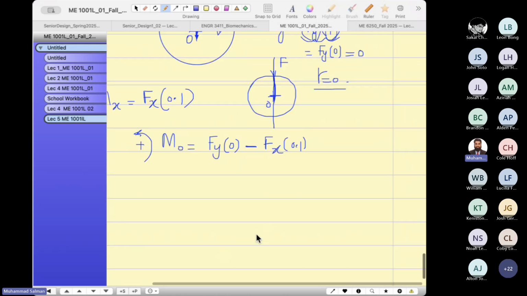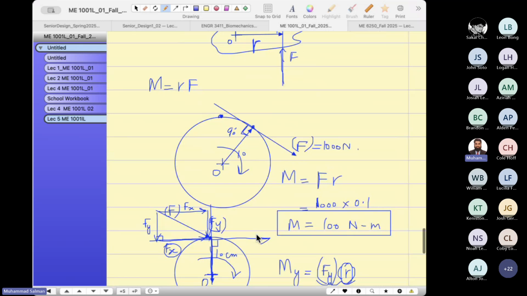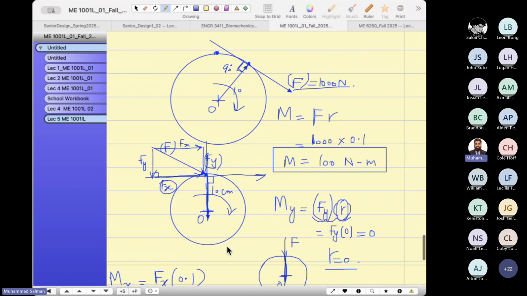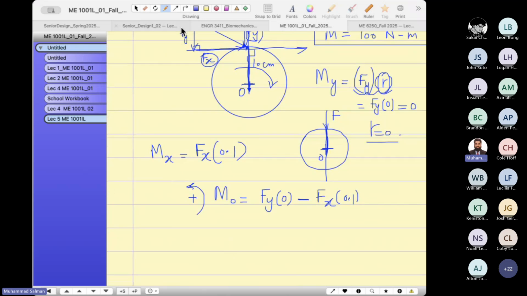So do you understand the two methods? One method is the perpendicular distance for the resultant force, and the second method is to resolve the resultant force into vertical and horizontal components, and then do the summation of the moments of the two forces. Do you understand this concept?